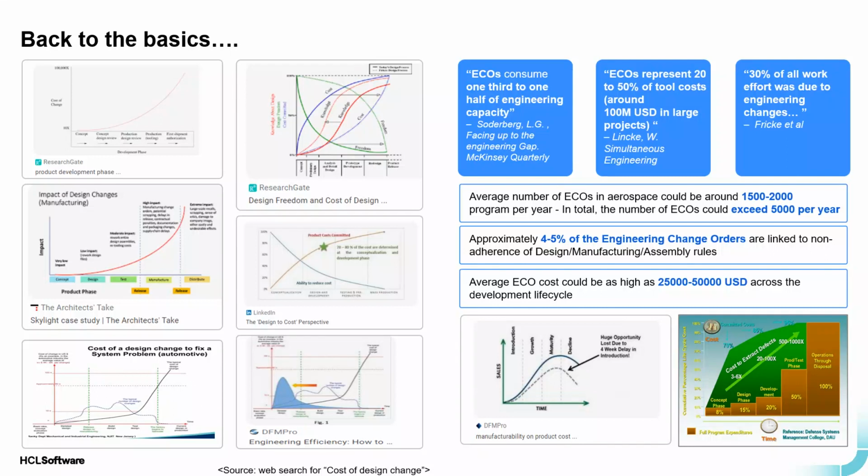Here are a few more refreshers on the importance of design in having a successful product. A simple web search on the cost of design change will lead to many such charts available on the internet. Summarily, the later in the product life cycle we detect an issue, it is exponentially more expensive to correct it. A poor quality design failing in the hands of the customer negatively impacts not only the product but also the manufacturer and its brand.